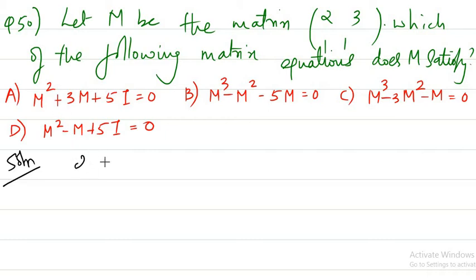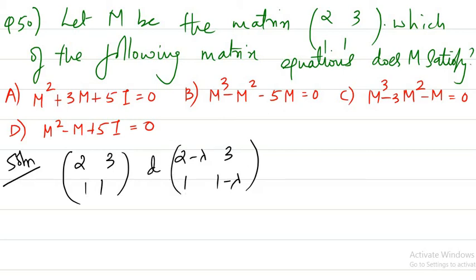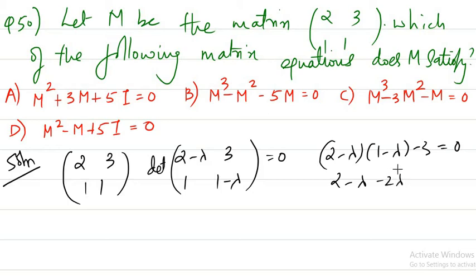If you take the matrix here and find A minus lambda I, you get this, and determinant of A minus lambda I equal to 0 means 2 minus lambda into 1 minus lambda minus 3 is equal to 0. So you get 2 minus lambda minus 2 lambda plus lambda square minus 3 is equal to 0, or lambda square minus 3 lambda minus 1 equal to 0.